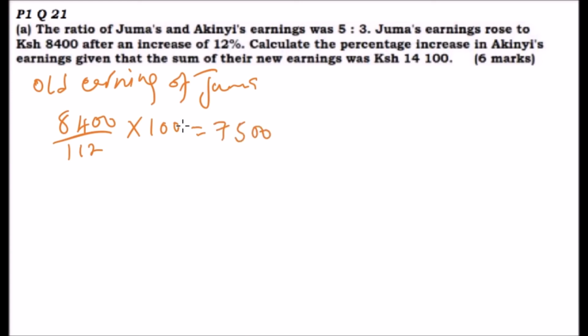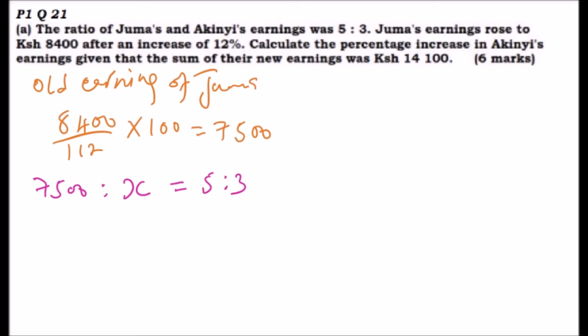So once you get that, since we have been given the ratio of Juma and Akinyi, you say if the old salary of Juma was 7,500, let the salary of Akinyi be X, it is equal to 5:3.